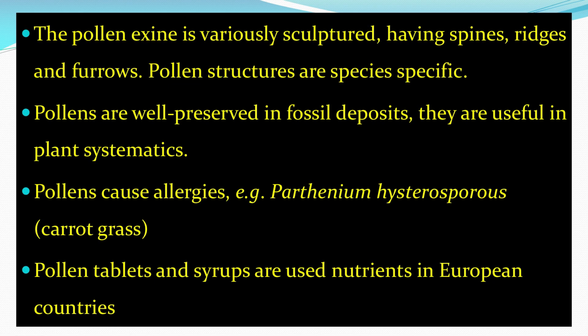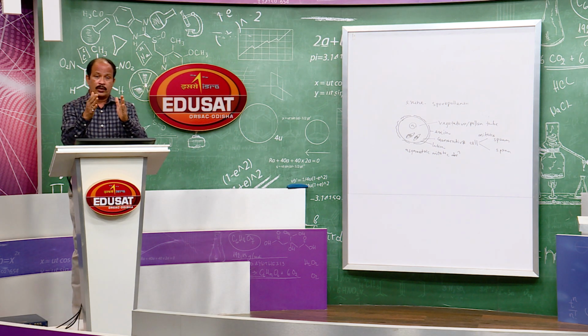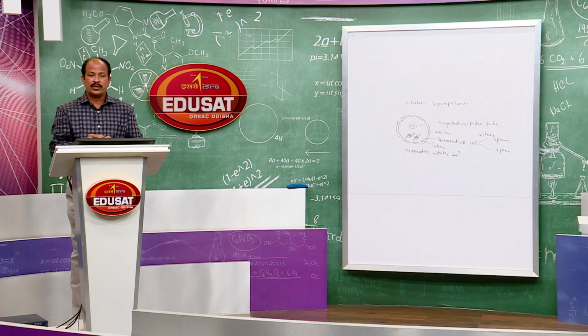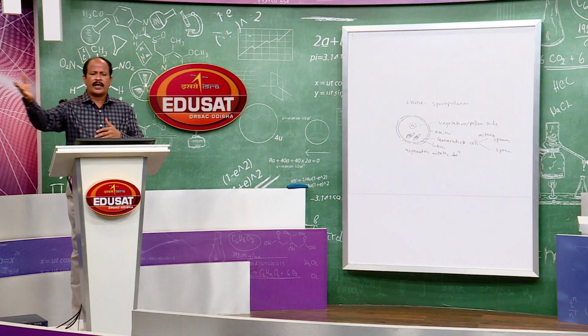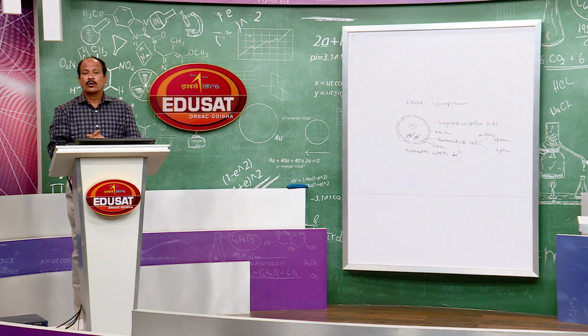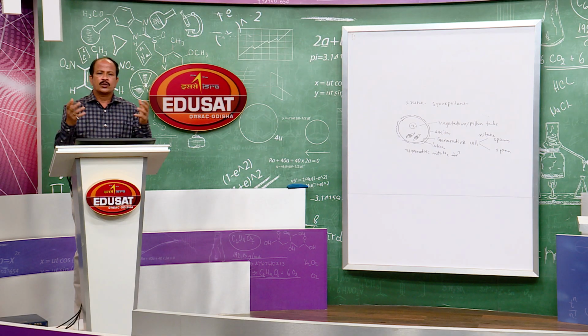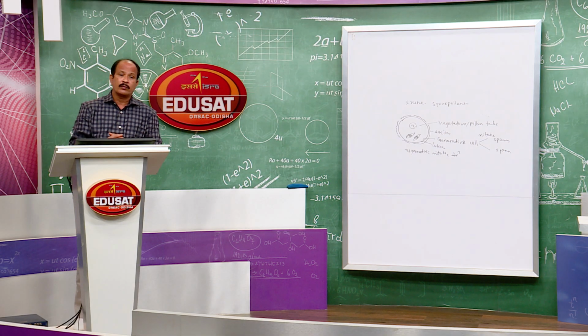For that reason probably it is called congress grass. Parthenium is a weed. It grows on rail lines and elsewhere. Its pollens cause allergies. Some people sneeze often because pollens are allergic to some people.